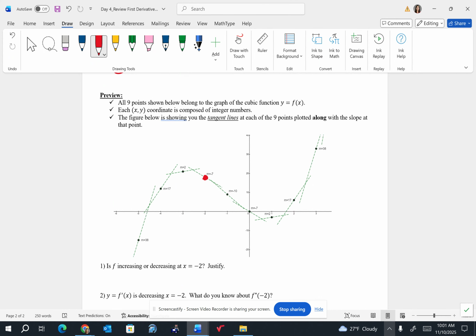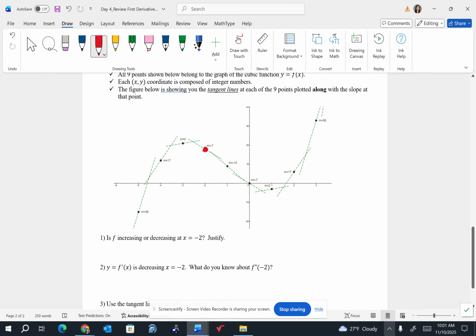You can see that the slopes of all the little tangent lines at different points are given, and the slope of the tangent line at negative 2 is negative 7. So f is decreasing at x equals negative 2.